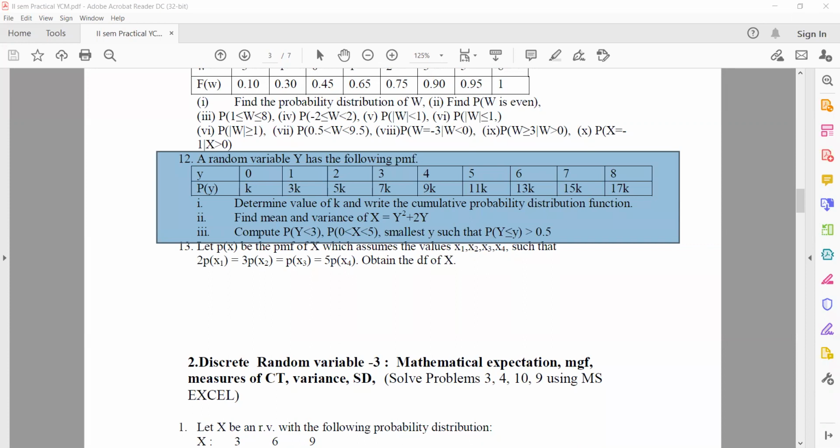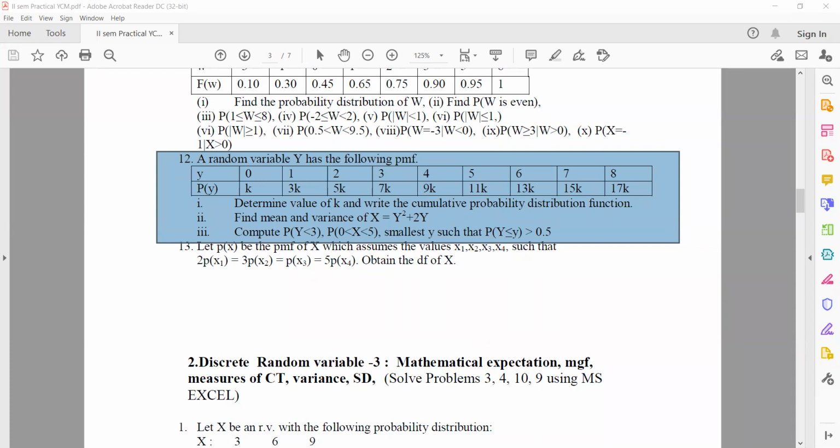You should get the total probability as 1 and you can compute the value of K. The total probability should be equal to 1. So how many Ks do you get? Yes, 81K.